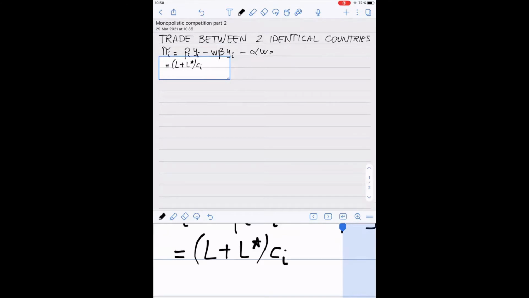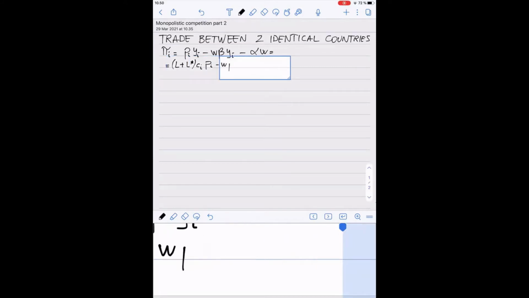Because consumers are identical, and since the countries are identical, consumers also earn the same income, and so their consumption of each variety will be the same. But now you have twice as many consumers as you did before. You have L plus L star consumers, and L equals L star. So this multiplies the price, p_i, and then we have the variable cost, and the fixed cost.